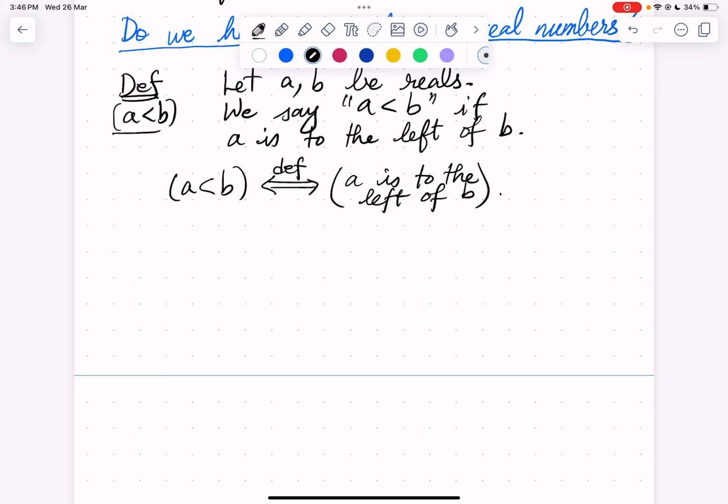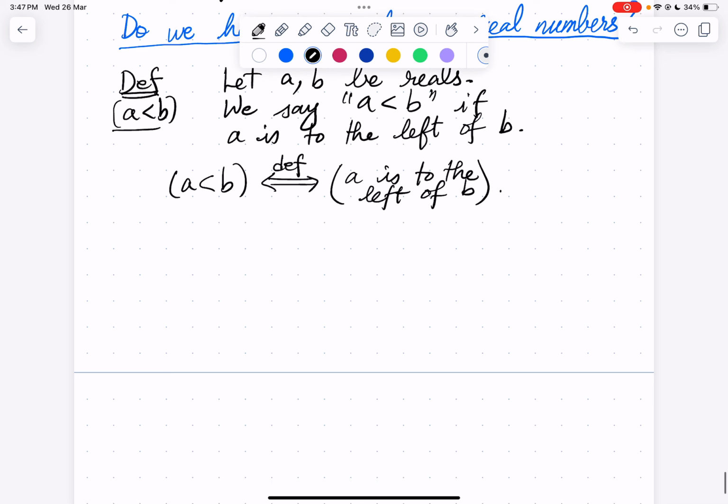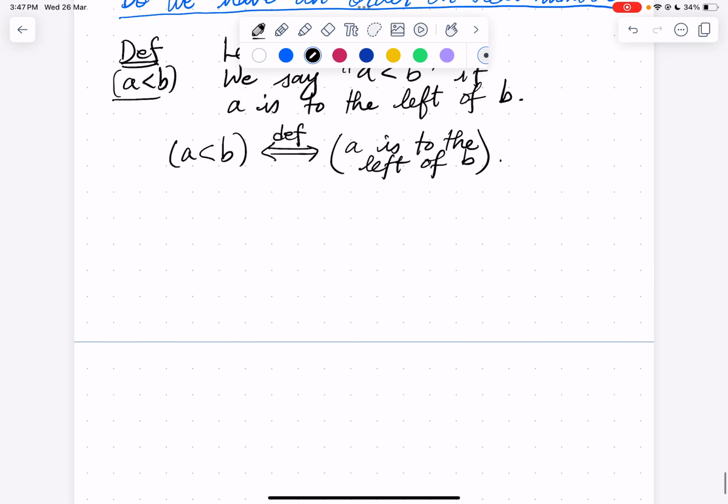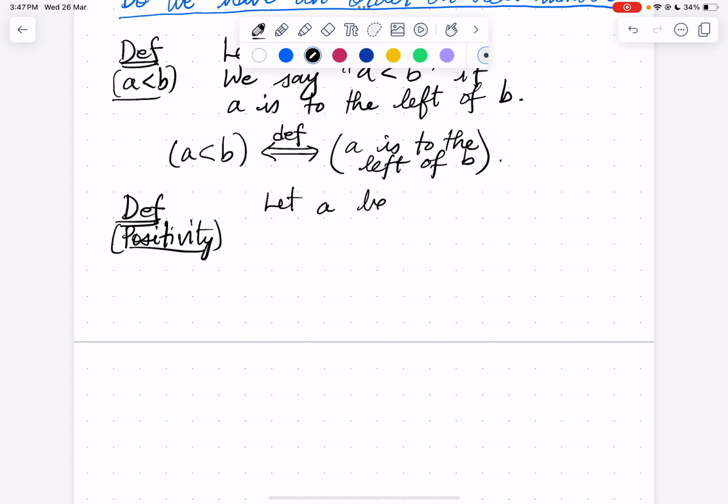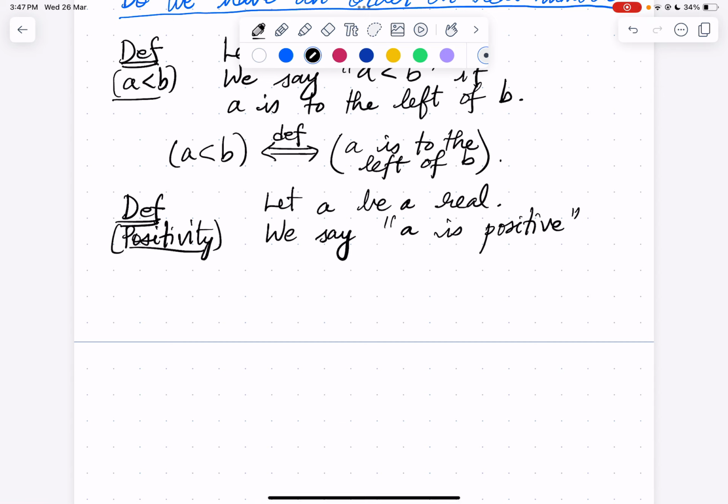Okay. And we have another notion, so a specific notion called positivity. Let A be a real. We say A is positive if A is to the right of 0, that is A is greater than 0.